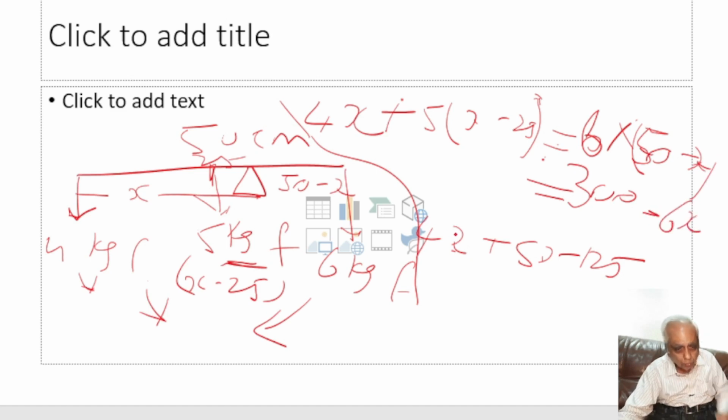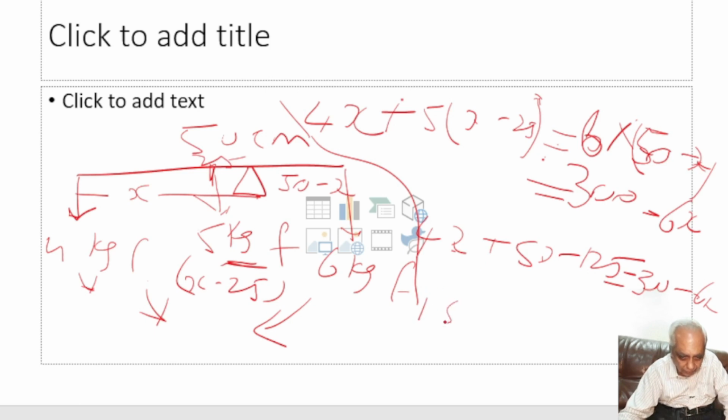So I will get 4x plus 5x minus 125 equal to 300 minus 6x. Bring all x together, you will get 6x plus 4x plus 5x, that will give you 15x.